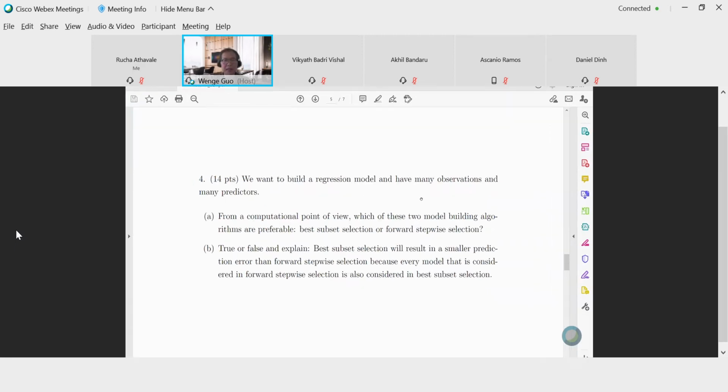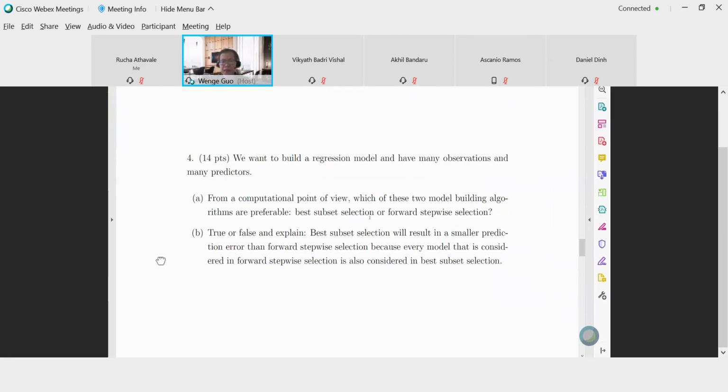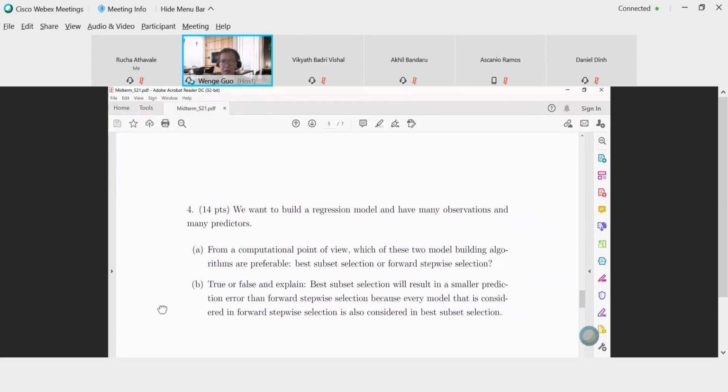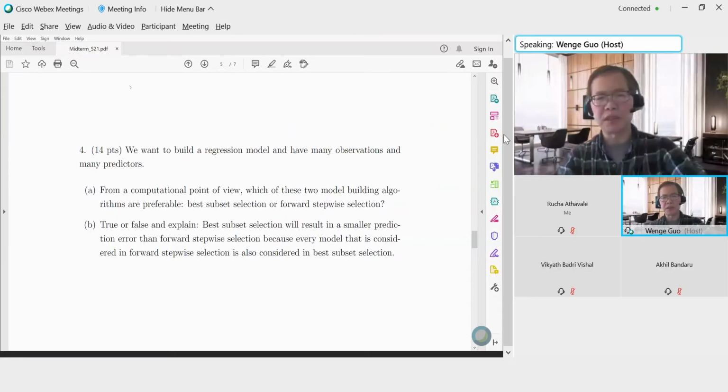For the best subset selection method, let's use the whiteboard. I will share the whiteboard with you guys. Just wait one minute.